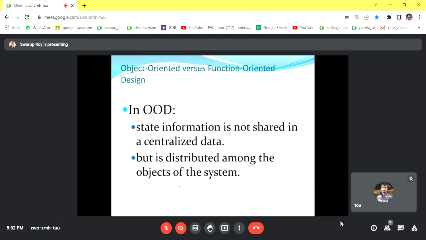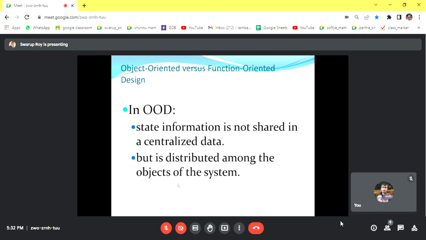Say switch is an object. I'm just giving an example. Now there are two states: on state and off state. If you are switching on, then it is in on state, and if it is off, then it is in off state. There are two states in the switch. If time permits, I'll discuss that.